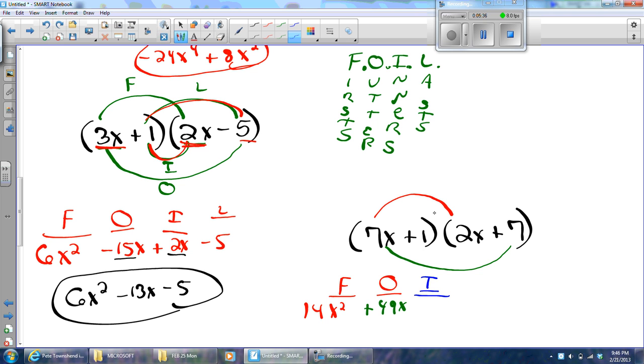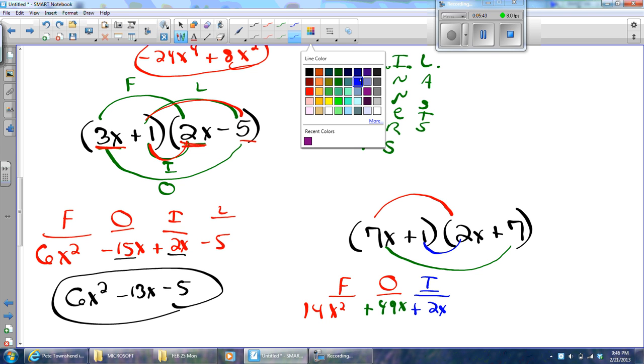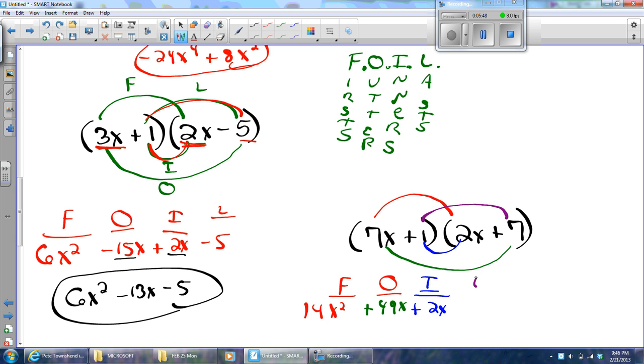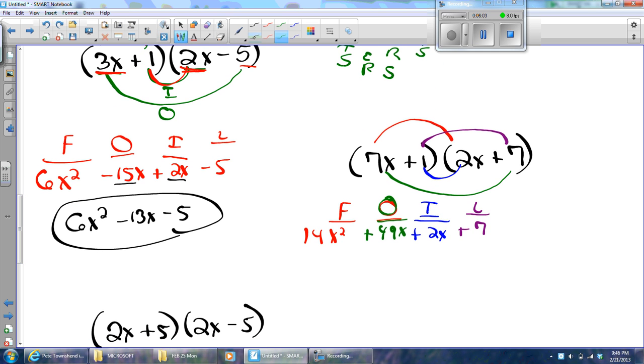My inners are these two, plus 2x. And then my lasts are these two. So my last will get me a plus 7. Now I look to see if I have any like terms. Looks like I do. 14x squared, and then I get 51x plus 7.